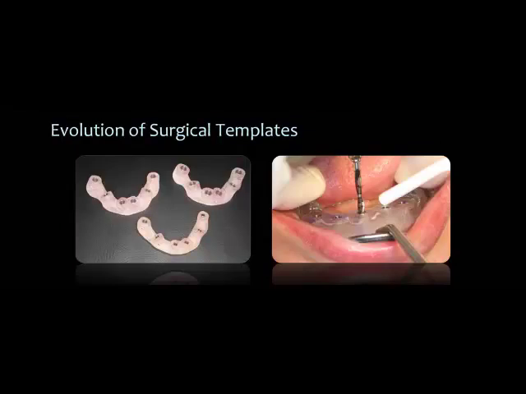As our radiographic templates have evolved, we've also evolved with our surgical templates. We initially had to use multiple templates for the drilling sequence, and we also had to stabilize these templates with our fingers.